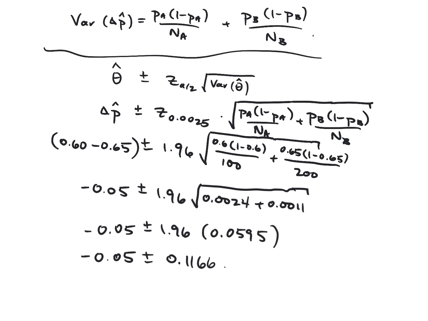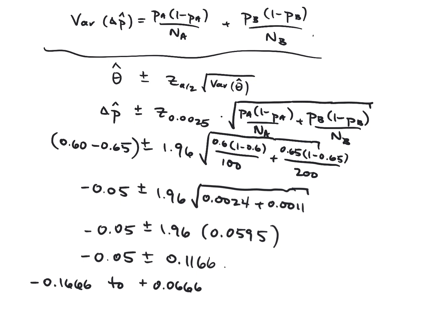Okay, so this goes from like what? Negative 0.1666 to plus 0.0666. Yeah.